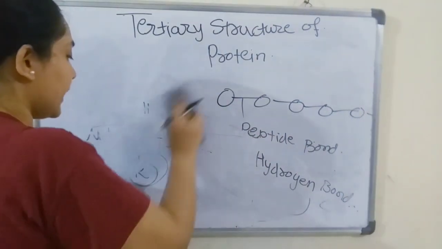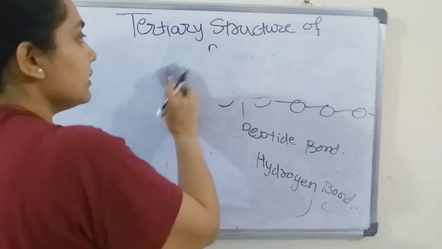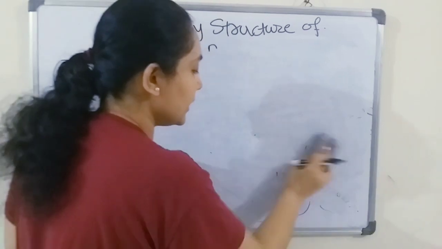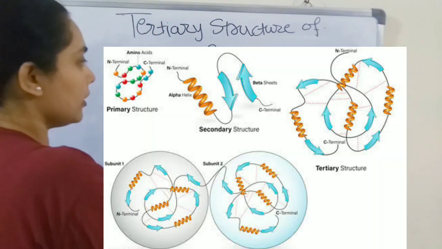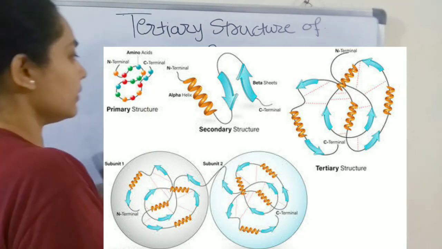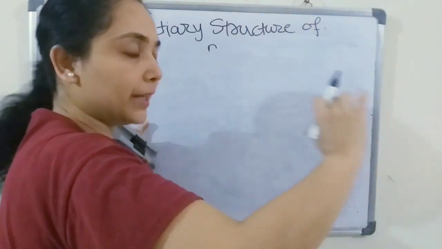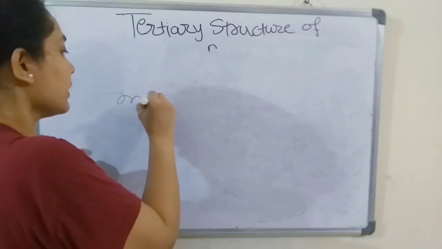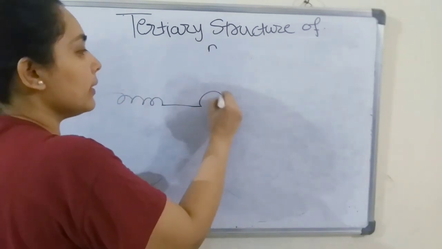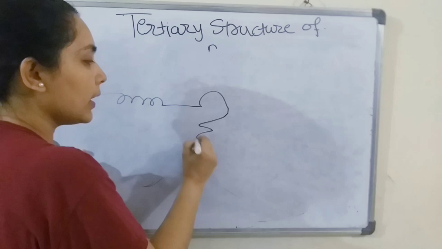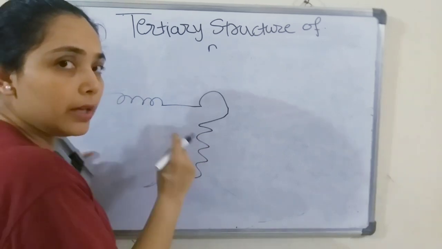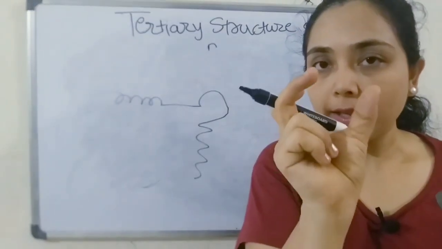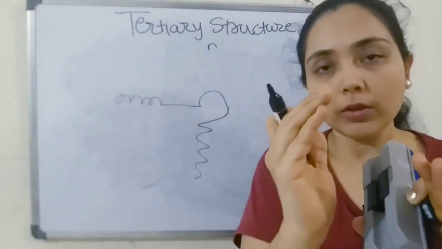This secondary structure is not present in the whole polypeptide chain, it is just a local folding of a few amino acids. So if there is one polypeptide chain, at some point it has a helical structure, then it might have a turn or a loop, then the sheet like structures. So in a single polypeptide chain, the secondary structure is a localized folding of a few amino acids.